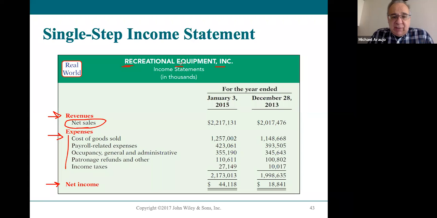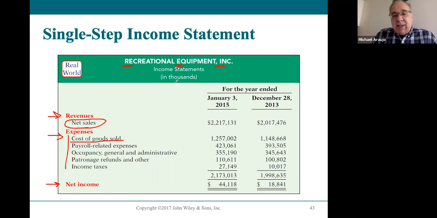Merchandisers sell inventory to customers. When they buy the product, it's their inventory, it's their asset. When they sell that inventory, it can be expensed as cost of goods sold. Again, it's the only expense account you've learned so far that doesn't actually have the word expense in it. And so cost of goods sold is an expense account in essence. And then of course your net income is reported.